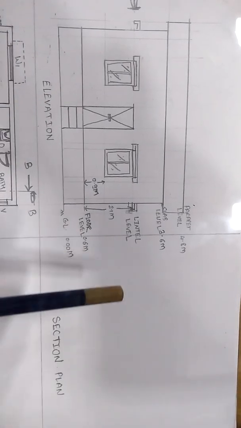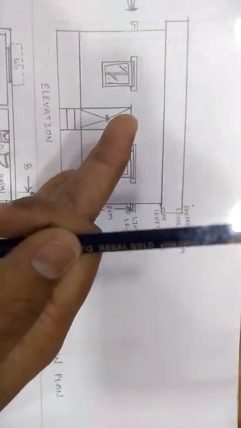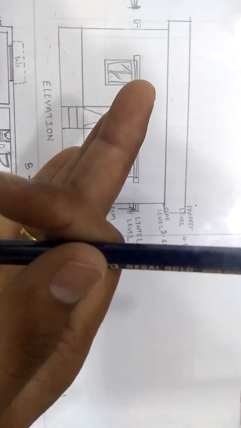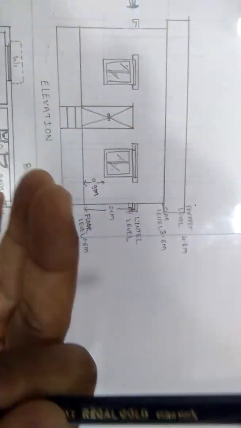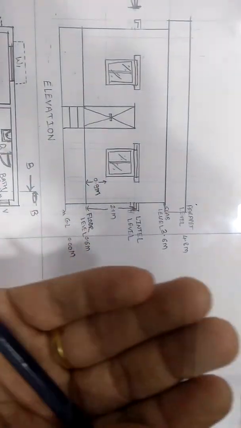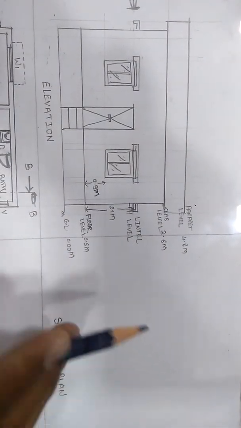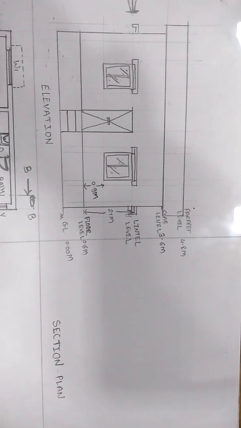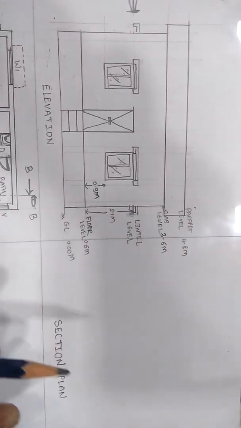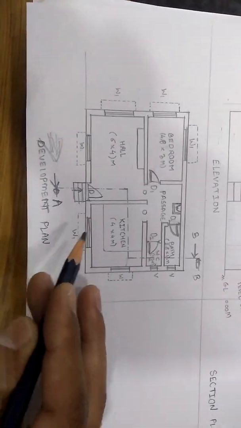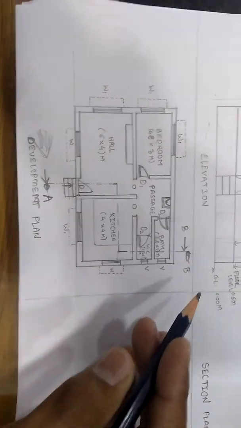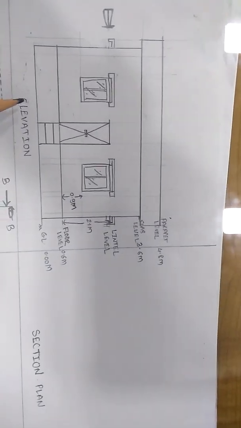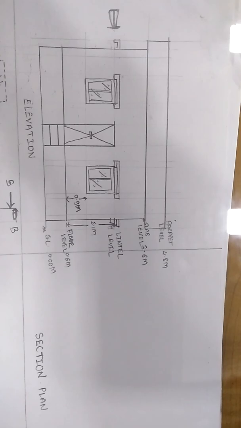So section means what? You have to cut one part, and after cutting, how it will look, you have to draw that part in the section plan, right? So before going through the section plan by this sectional line, you have to just transfer the level of the elevation to the section plan.